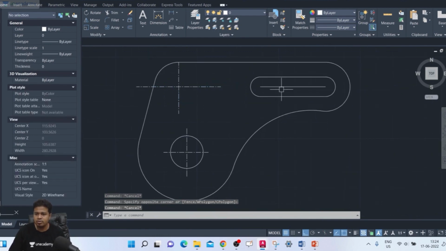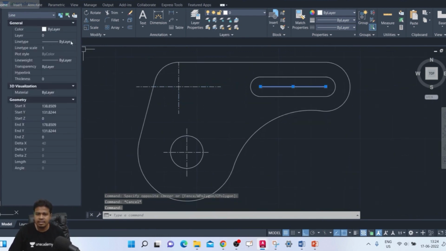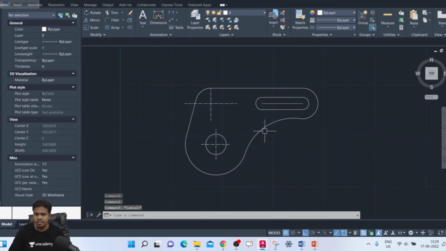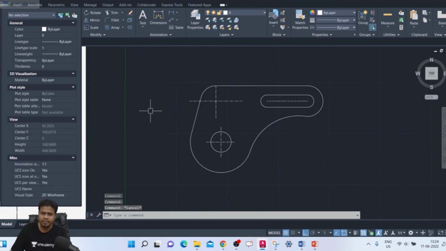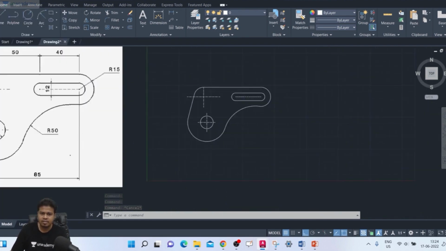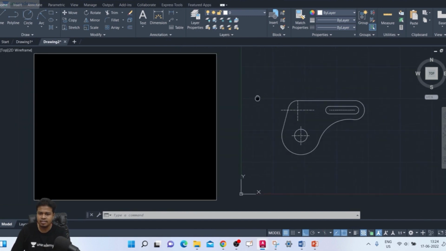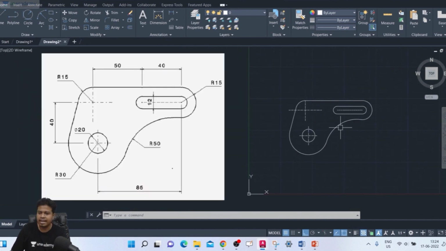Also select this line, and it should be dash. You can also change the line type scale, 0.2 will be better. Yes, so this is it. You can see it will look something like this. Okay, you can dimension it as well, so we will see that later.